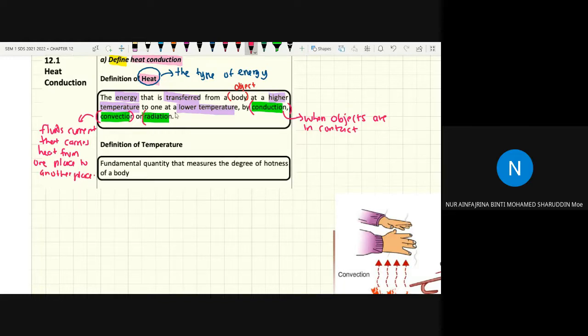And radiation. Radiation adalah bodies that emit energy through electromagnetic wave.